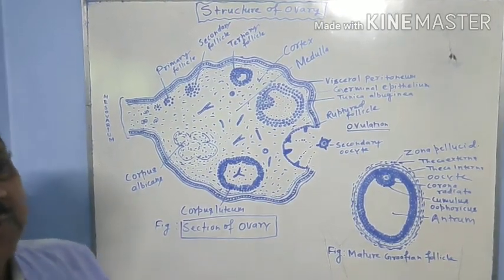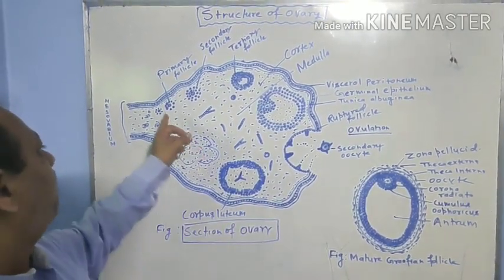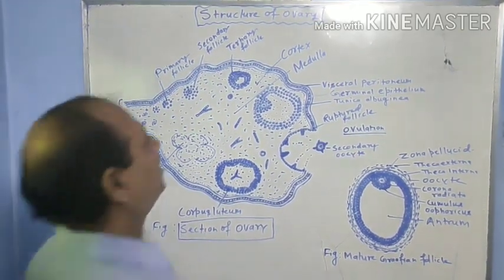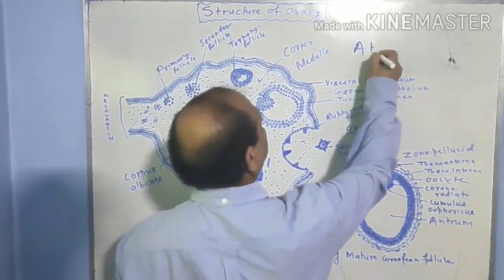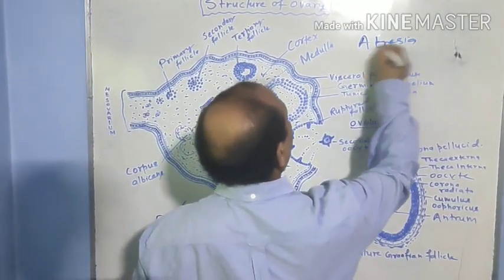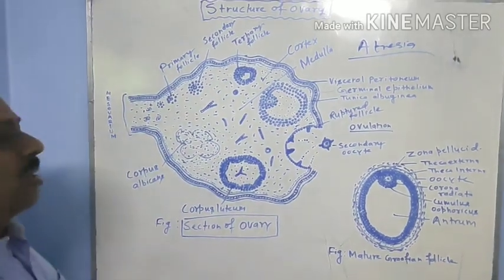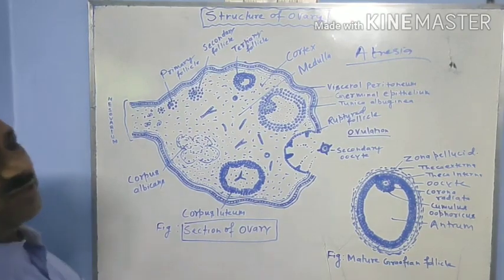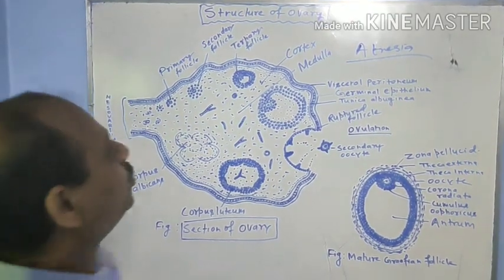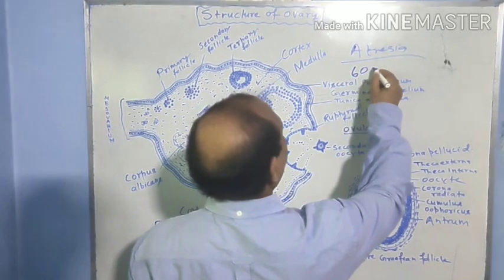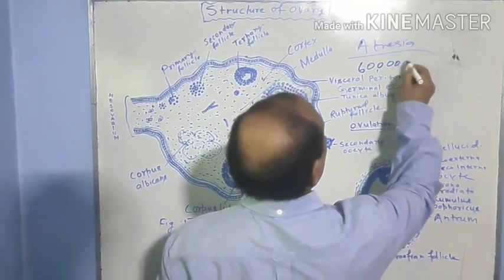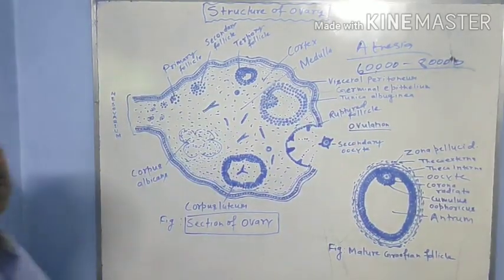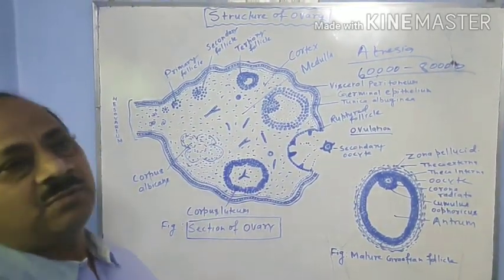This process of degeneration of primary follicle is known as atresia. After degeneration, about 60,000 to 80,000 primary follicles remain.